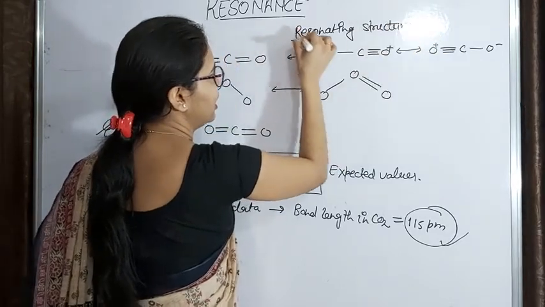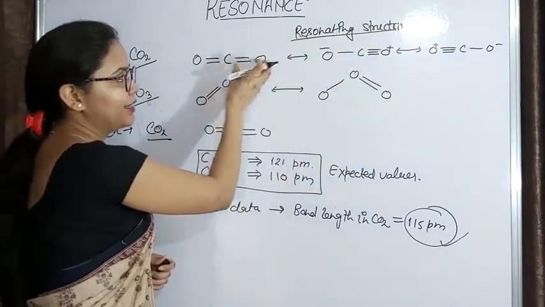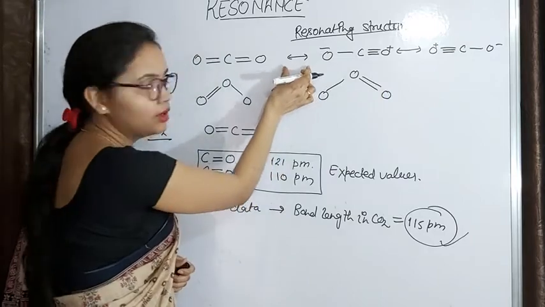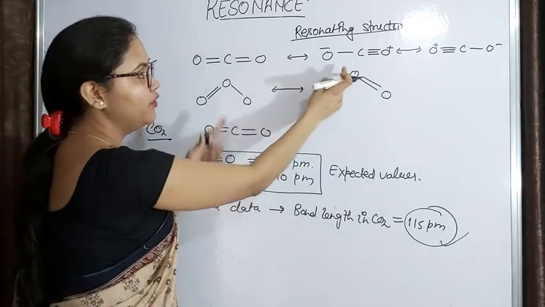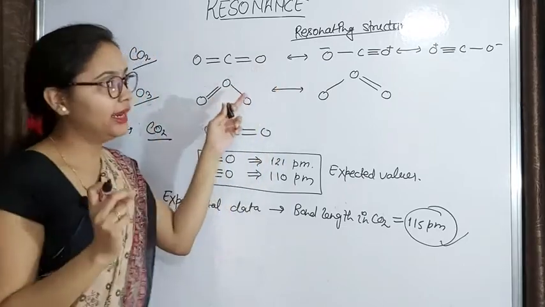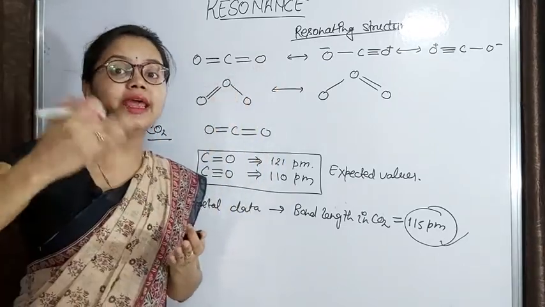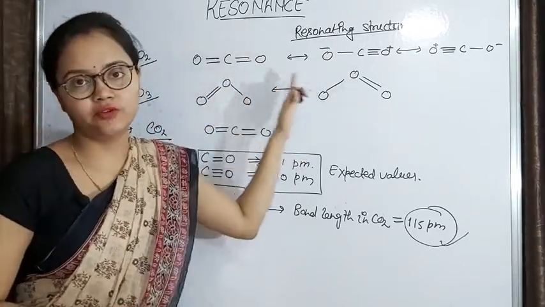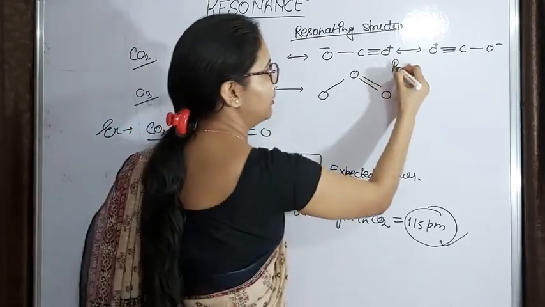While writing resonating structures, we have to put a double headed arrow between two resonating structures. This is the rule. And the actual structure which will exist in between these structures is known as the resonance hybrid.